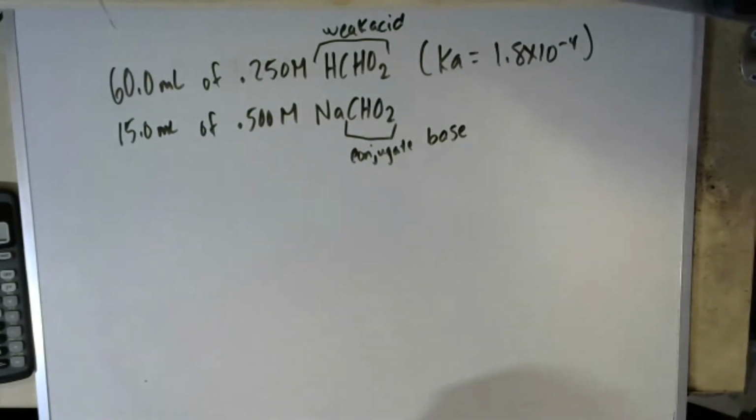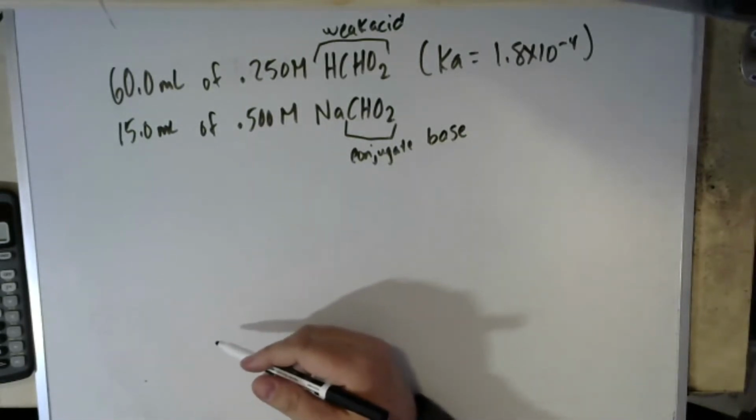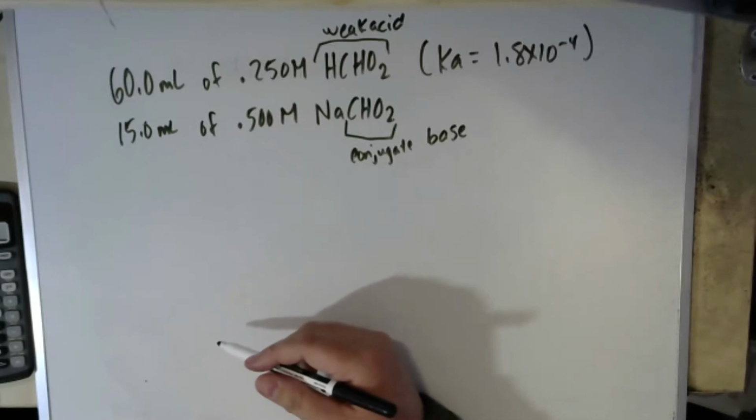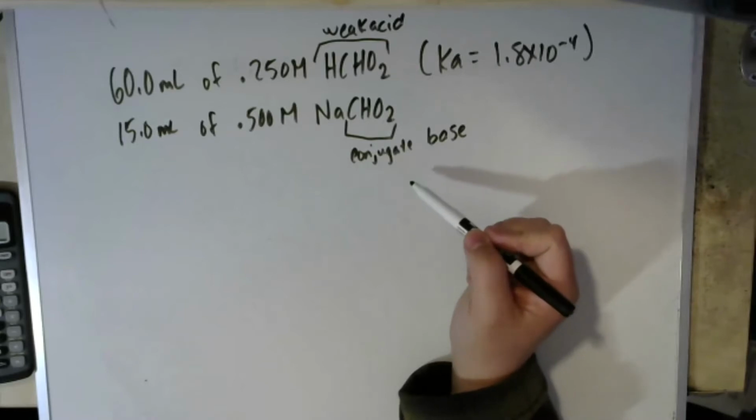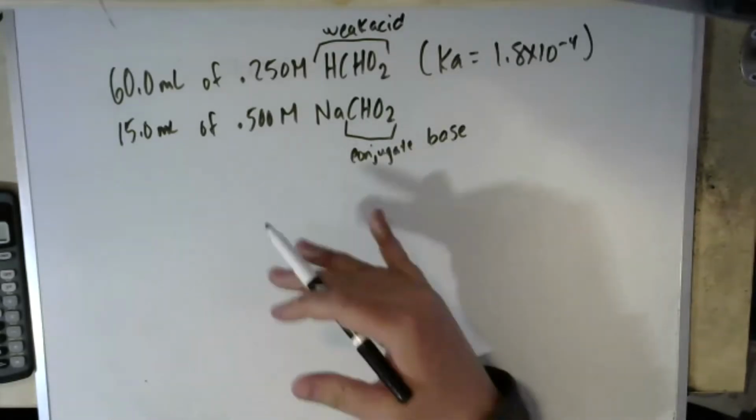Okay. Now, to use the Henderson-Hasselbalch equation, we're going to need to figure out what the concentration of the weak acid and the base is in the mixture that we've created here.